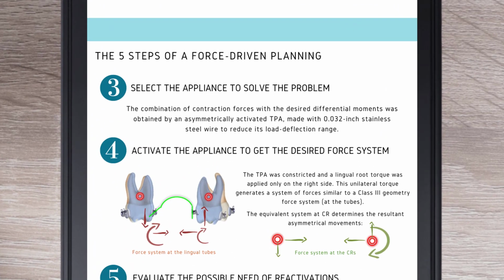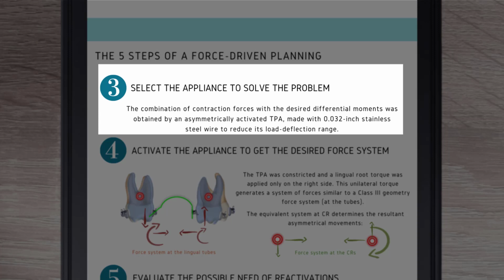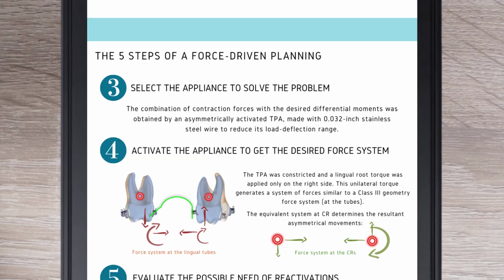The combination of contraction forces with the desired differential moments was obtained by an asymmetrically activated transpalatal arch, made with a 0.8 mm stainless steel wire to reduce its load deflection range. Step number 4, the activation of the appliance to get the desired force system.